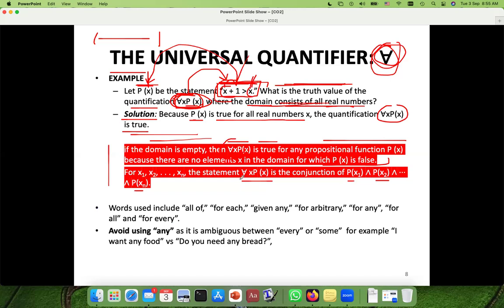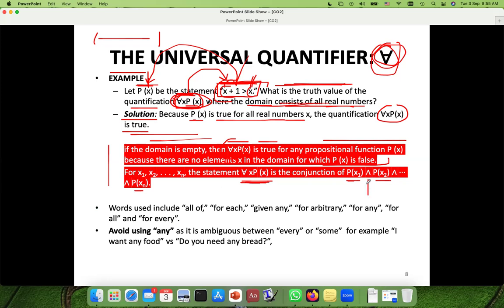And only when all these predicates are true, then this statement would be true. This is the definition. If you have multiple variables and you are checking this universal quantifier, then the predicate must be true for all variables.